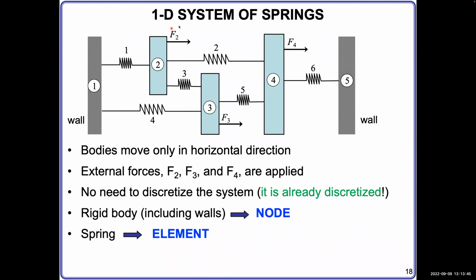There are also external forces applied on those nodes: force 2 on node 2, force 3 on node 3, and force 4 on node 4. So this system contains external forces applied to the internal combination of springs and nodes, and overall this combination is connected with the wall on both sides.